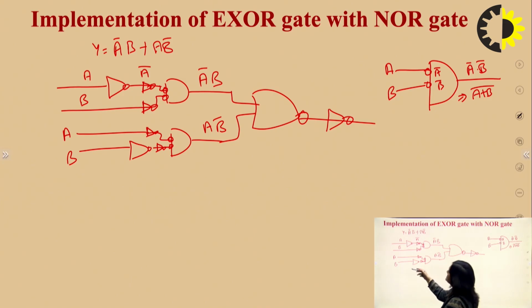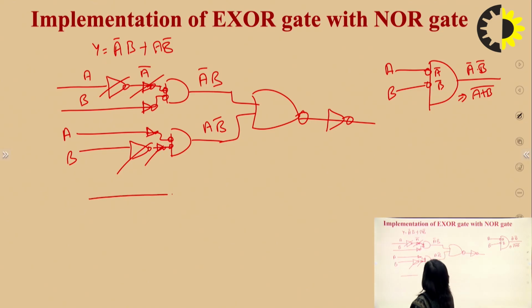So now we can see the equal number of NOT gates, like 2 NOT gates here, so they will be neutralized here, like in this way. On the same line, if there are 2 NOT gates, we can cancel them out. So now this can be redrawn in this way.